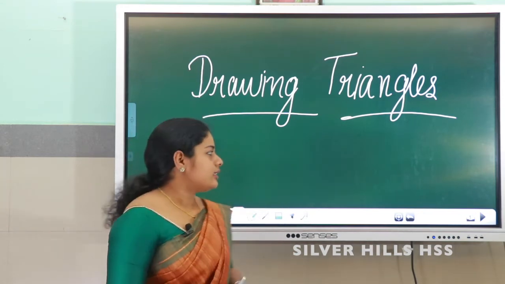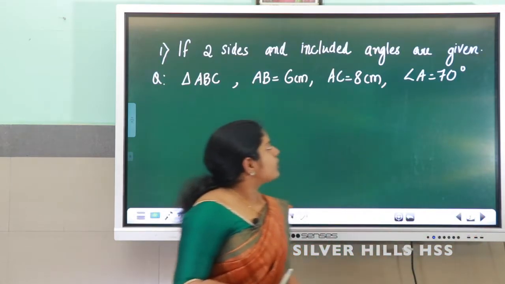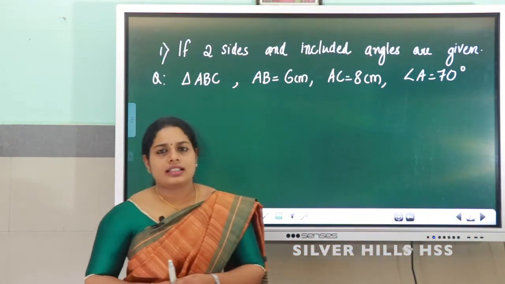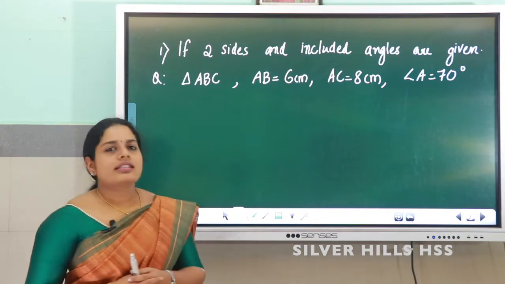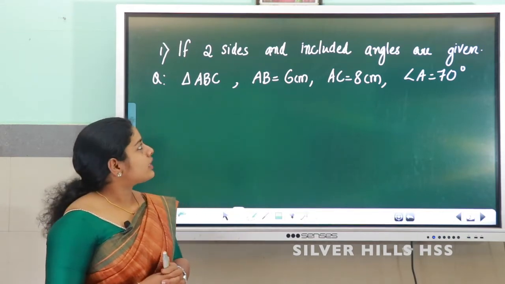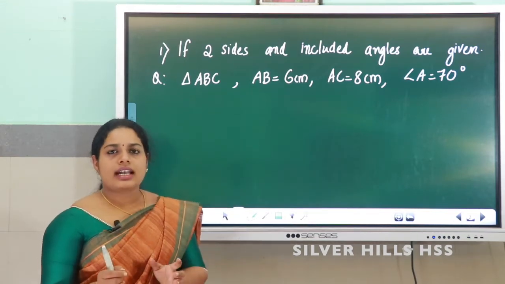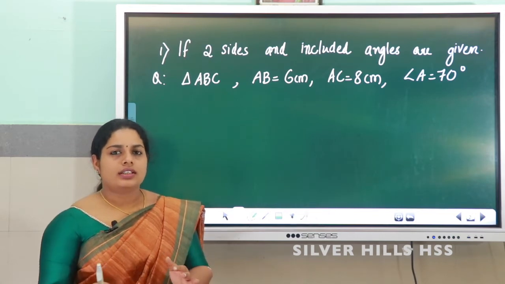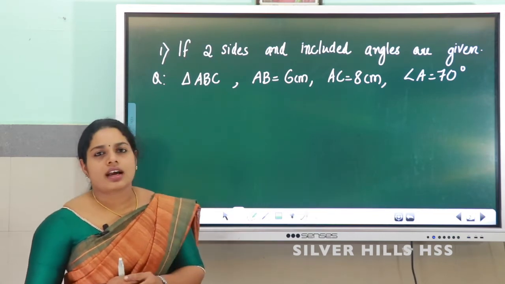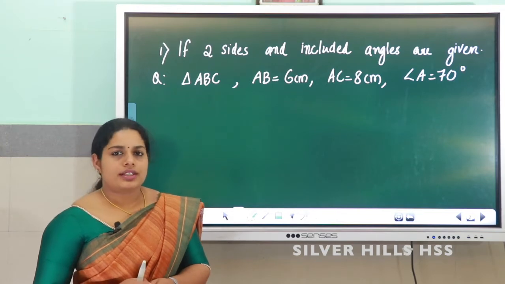The first one is, if two sides and the included angle are given, that is, the angle between the two sides. If these three are given, we will be able to draw a triangle.